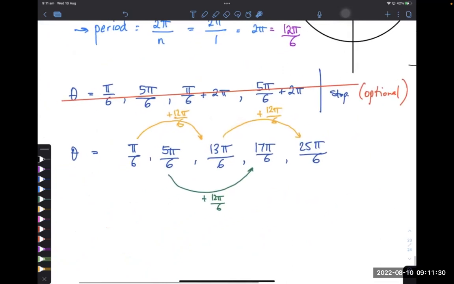So for our final solution here, we don't want this last one because that's beyond the domain. So that one is out.